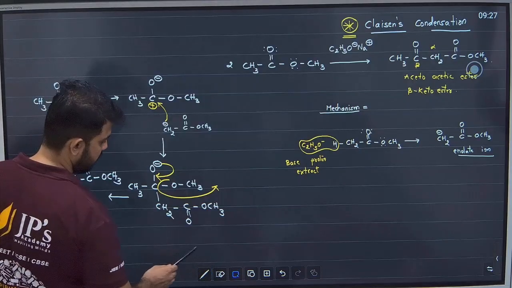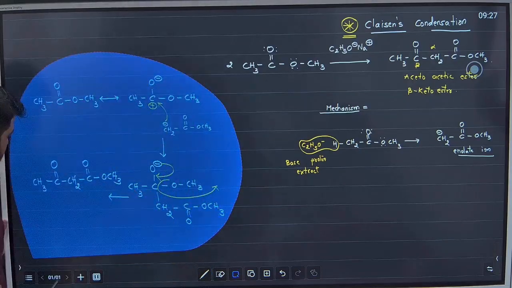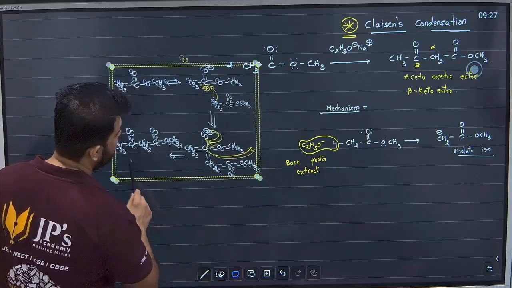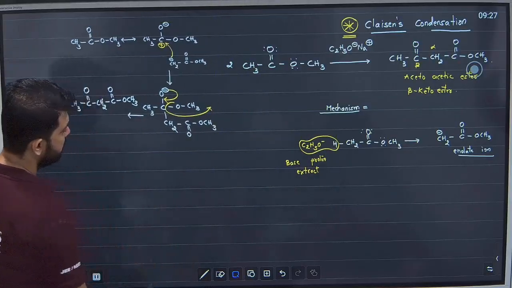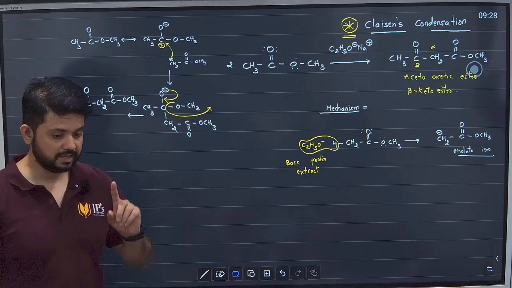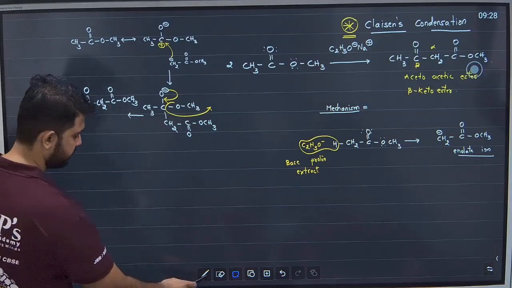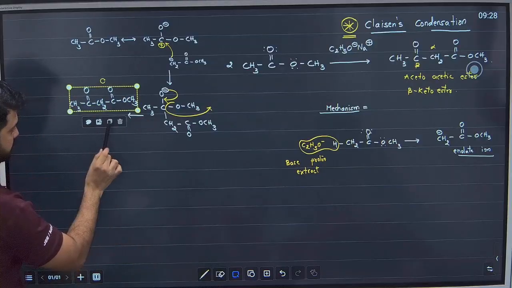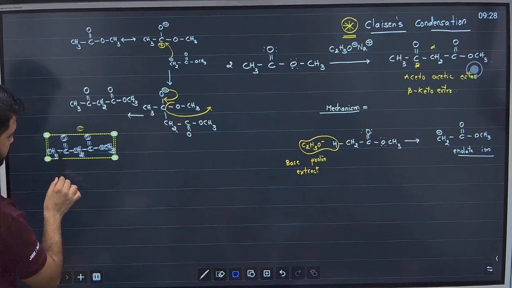Remember, you should have a minimum of 2 alpha hydrogens. Ester should have a minimum of 2 alpha hydrogens for the reaction to take place. And the reason for that is, see, this is your product. Okay.